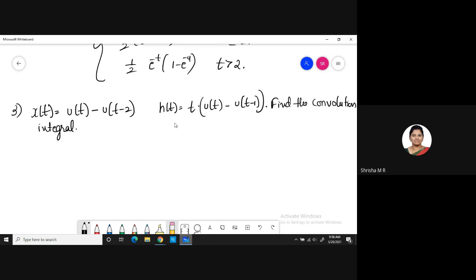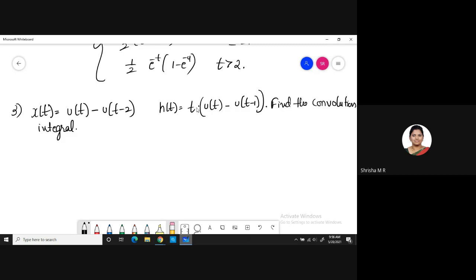Whenever a convolution problem is given, first try to check whether it's a finite or infinite series. If you see this, x of t is u of t minus u of t minus 2, so the signal will exist from 0 to 2 with an amplitude 1. So it's a finite series. h of t is also finite because you have t into u of t minus u of t minus 1, which exists from 0 to 1 with amplitude 1.